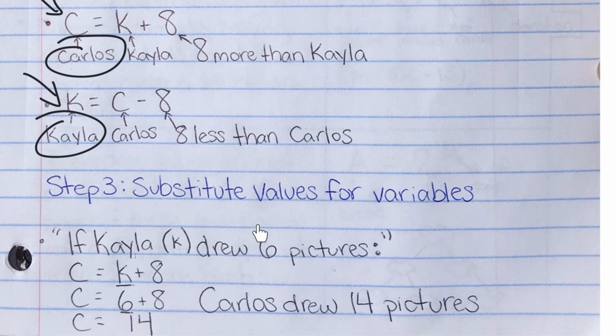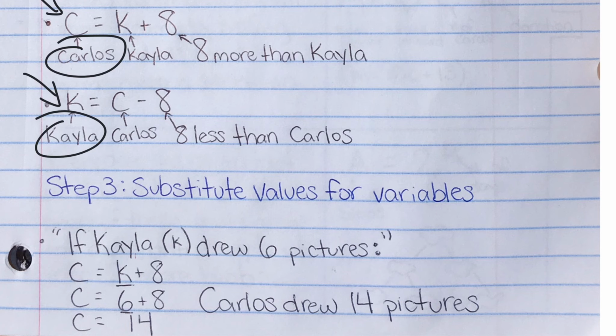Our expression said C equals K plus 8, which means Carlos's pictures equal Kayla's pictures plus 8. So here we replace K with 6, drop that down, so Carlos's pictures equal 6 plus 8, because Kayla drew 6. Therefore, we know that 6 plus 8 is 14, so Carlos drew 14 pictures.